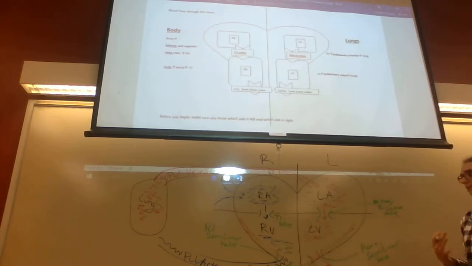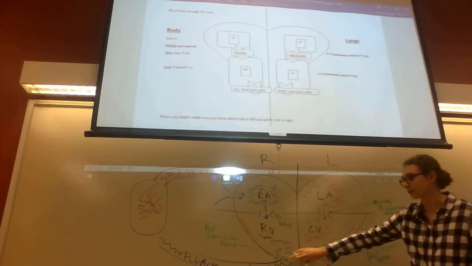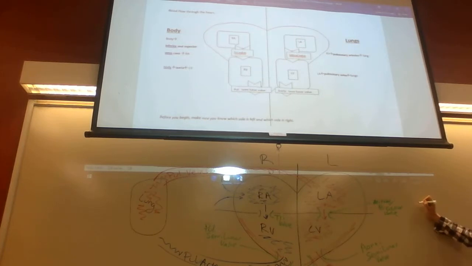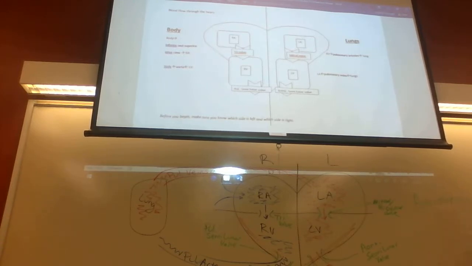Whenever we talk about the cardiac conduction system and how electricity flows through the heart, whenever you hear the word semilunar valves, it's going to be talking about the ones down here. But whenever you hear about atrioventricular valves, atrio meaning atria, ventricular meaning the ventricles, this is pertaining to both the tricuspid and the bicuspid or mitral valve.